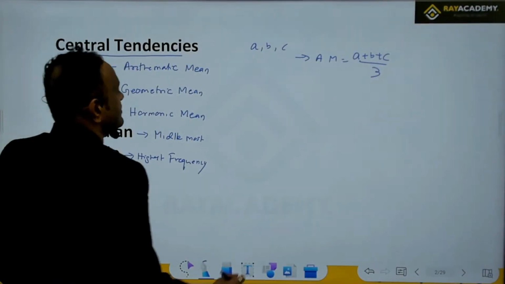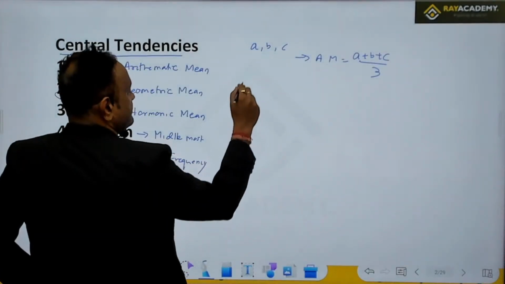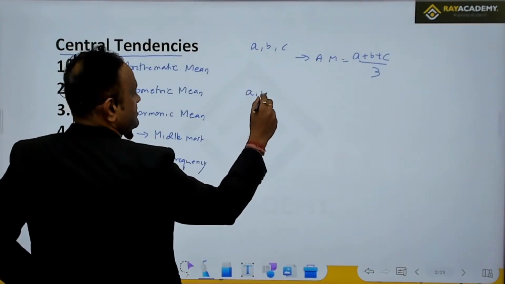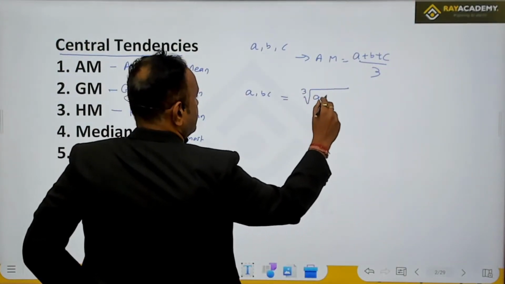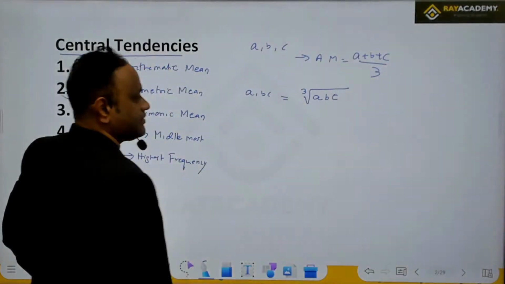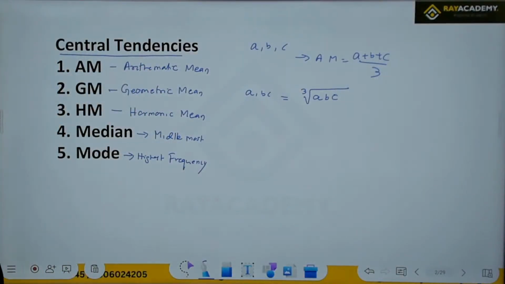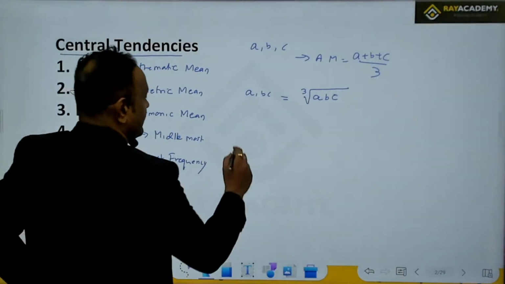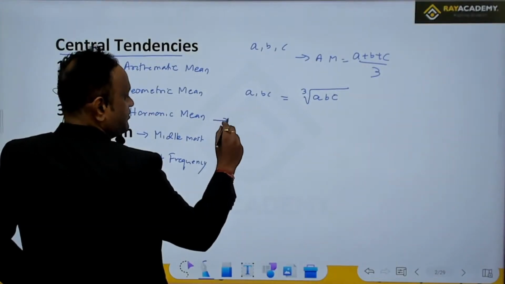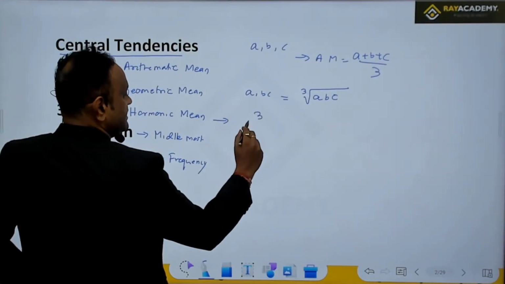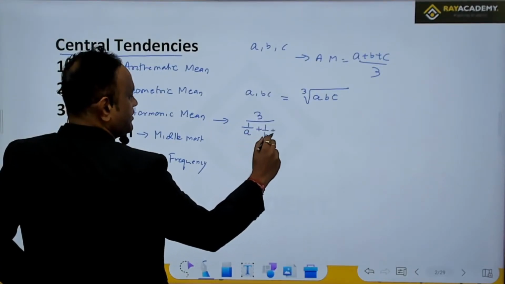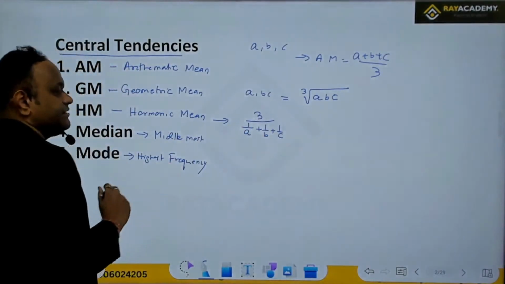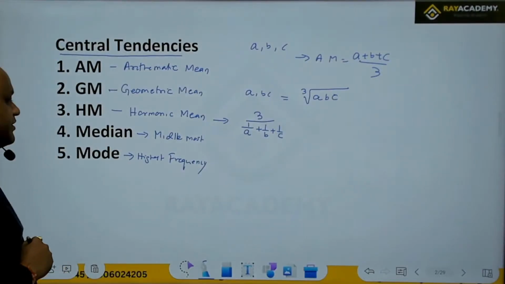Geometric mean, suppose there are three numbers, A, B, C. Its geometric mean will be cube root of the product of all the numbers. And harmonic mean, suppose there are three numbers, harmonic mean is 3 divided by 1 by A plus 1 by B plus 1 by C. Okay. This is the formula for harmonic mean.